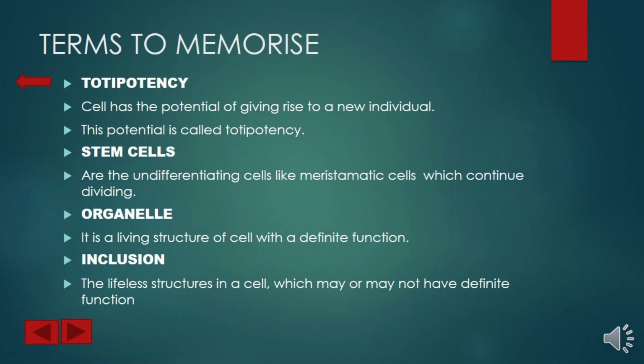Stem cells are undifferentiated cells, like the meristematic cells in plants, which continue dividing and help in the organism's growth.